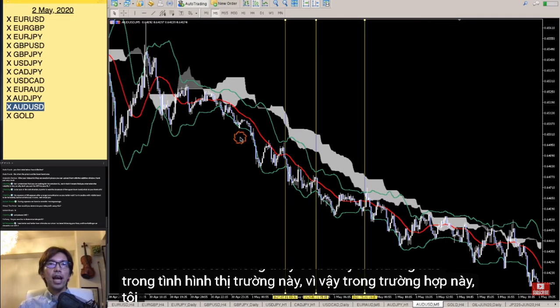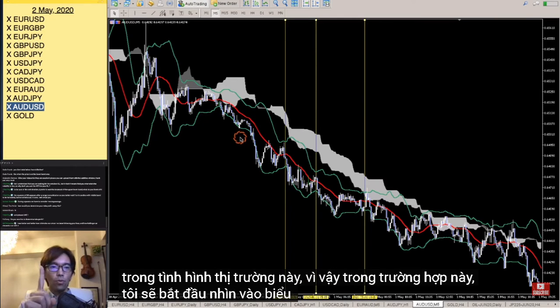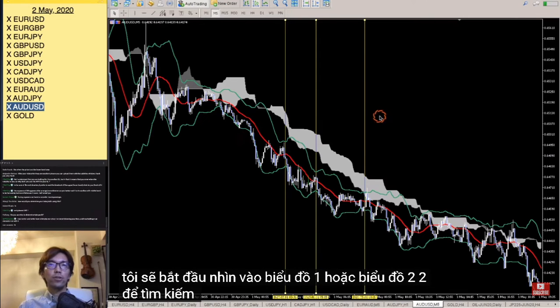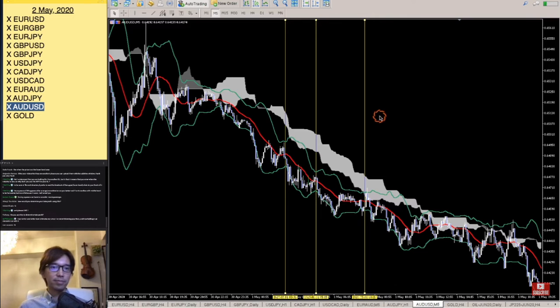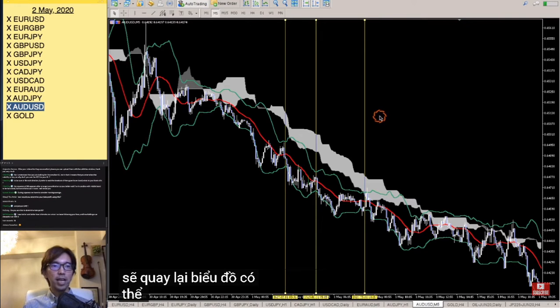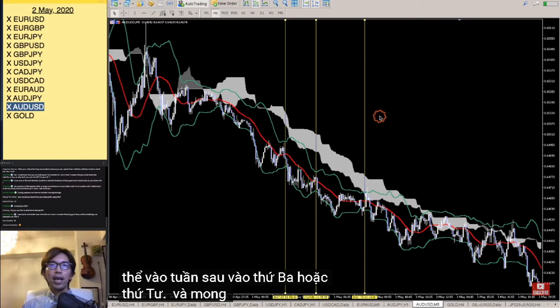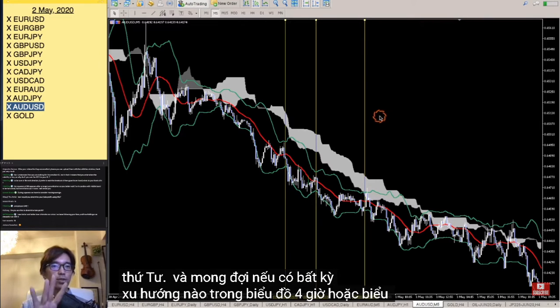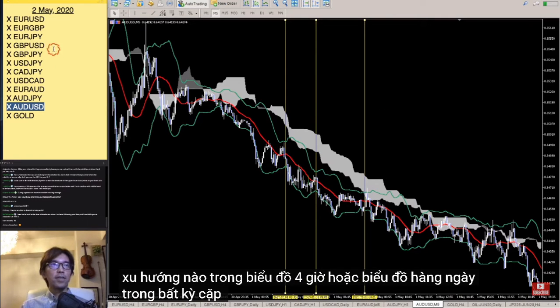So in this case, I will start to look at the 1 hour chart to look for the trade chance. Or if I'm busy with anything else, then I will just come back to the chart maybe sometime next week on Tuesday or Wednesday and check if there's any trend in a 4-hour chart or a daily chart in any of these pairs.